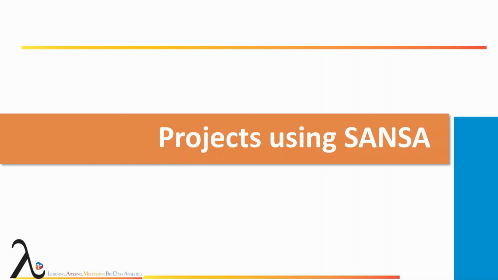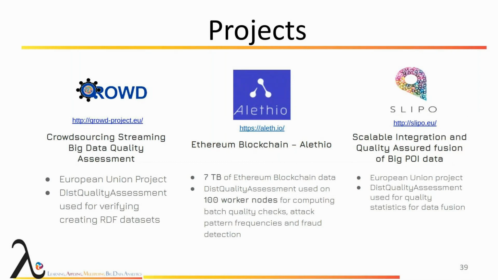Obviously, as you can imagine, all those research efforts have also been embedded directly into some projects that have been using SANSA. So there are a few projects here where SANSA is powering parts of the deliverables, the tools that have been developed. And let me mention, for instance, the one on the right hand, which is Slipo.